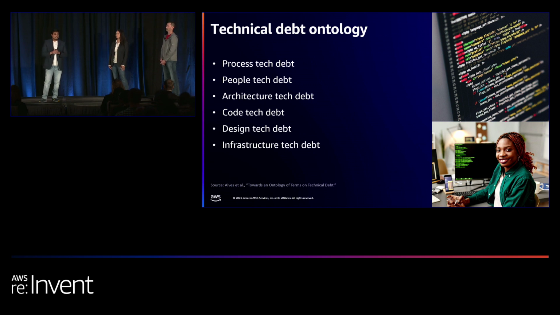Or there is no skill development happening on a continuous basis. That means people are making uninformed decisions. They're not making the right decisions on price-performance ratio, whether it's cost-optimized or not, or whether it's secure or not. If they are not informed, they would make the same decision, and over a period of time, you start accumulating the debt. That's people debt.